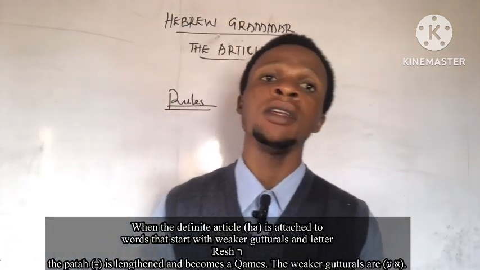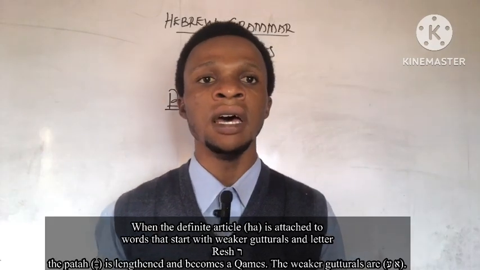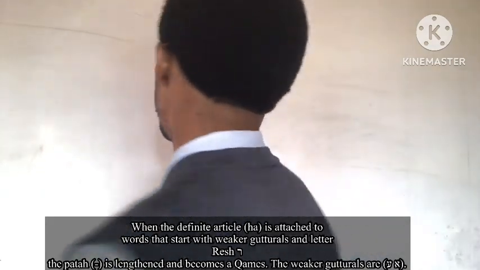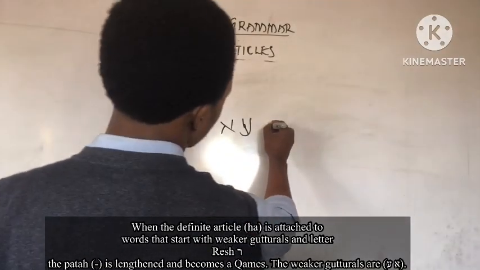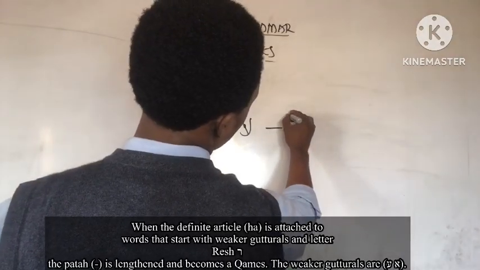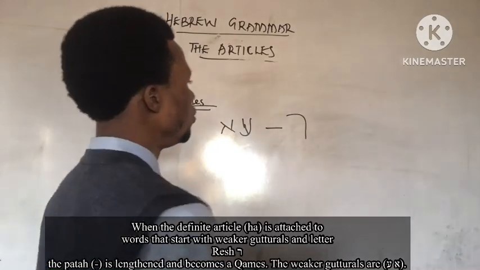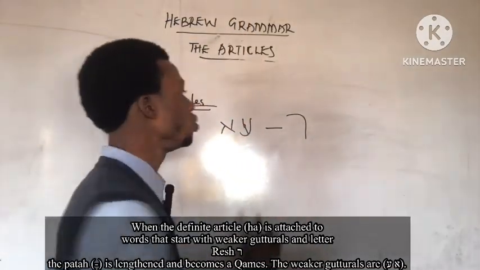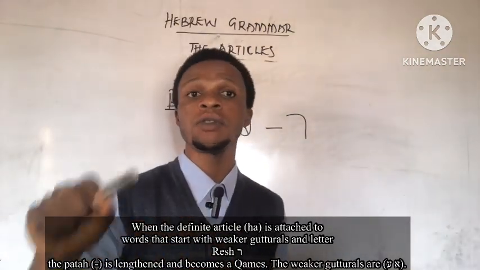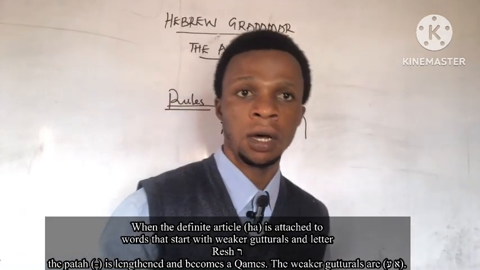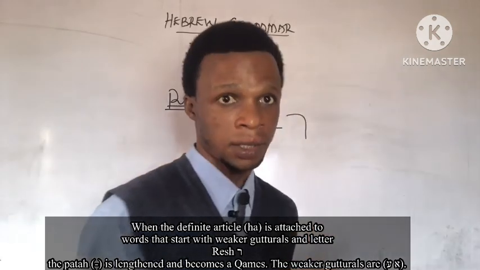This aspect is dealing with the weak gutturals. When you want to attach a definite article to the weak gutturals, which are aleph and ayin, plus resh (resh is not a weak guttural, but for some reason it is added to this group), so when you attach a definite article to any word that starts with these, what is the rule?